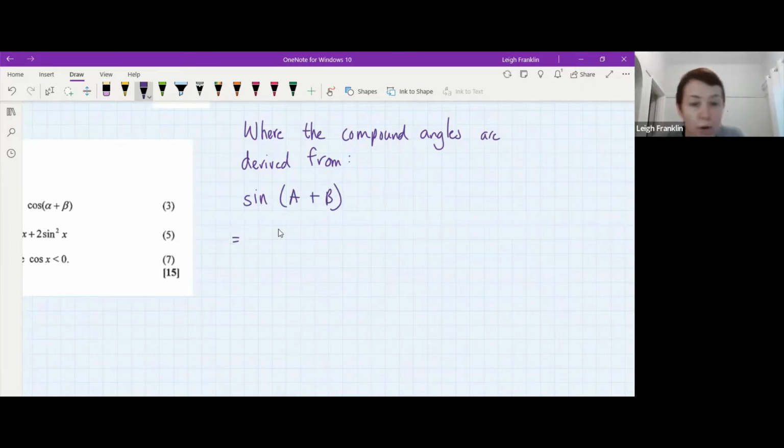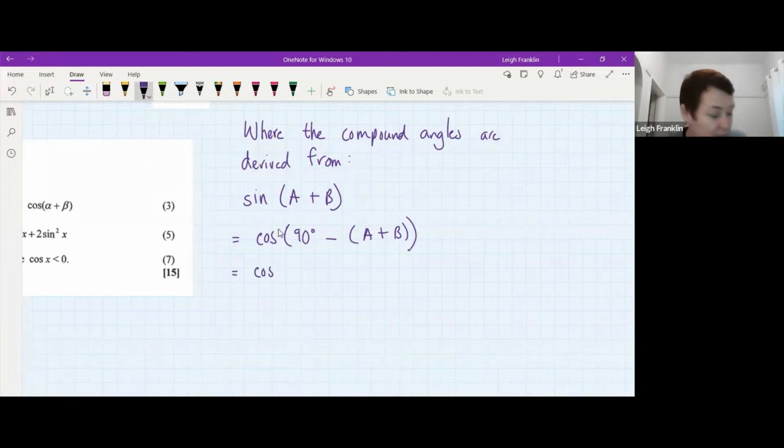Okay, so here we're going to use, because it comes from cosine, so it comes from cos of 90 minus (A plus B), which hopefully makes sense to you if you understand your co-ratios.